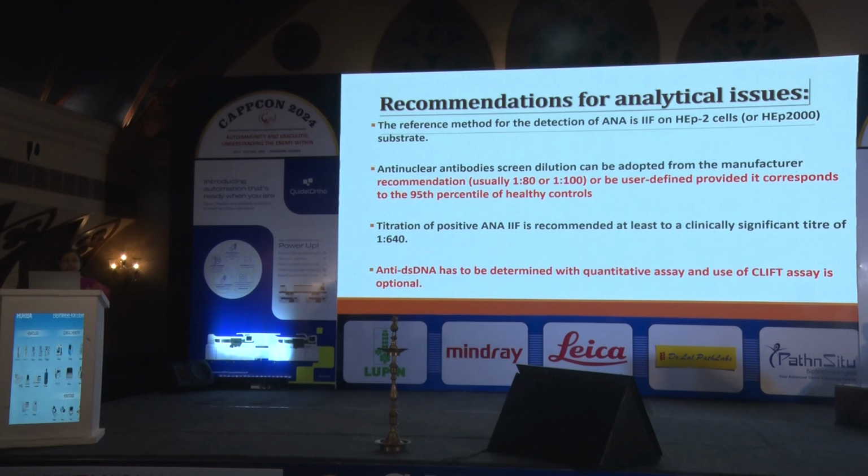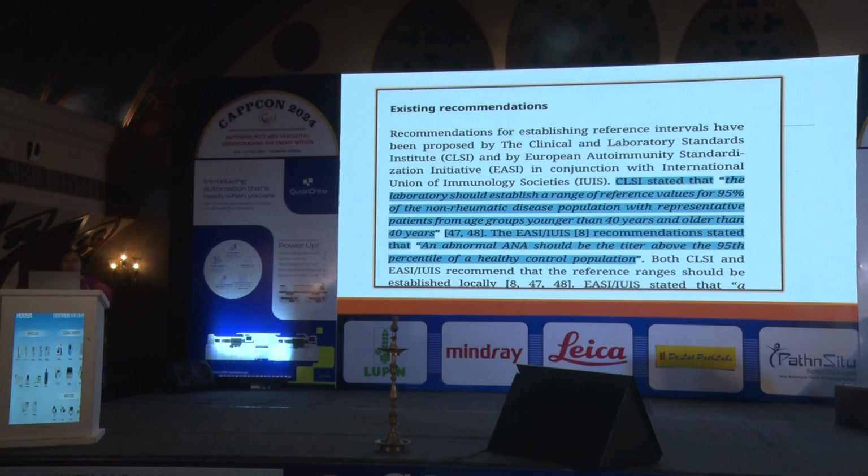Anti-dsDNA has to be determined with a quantitative assay, or we can use the Crithidia luciliae immunofluorescence test, which is optional. But nowadays it is recommended that whenever we get an ANA positive and the pattern is homogeneous or speckled, or the clinical symptoms are in line with SLE, we should go for an anti-dsDNA determination.